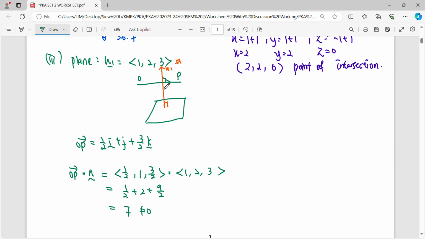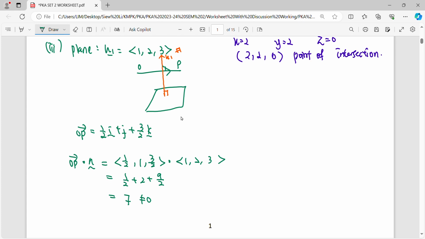They are not perpendicular with the normal. Indirectly, is OP parallel with this plane? They are not parallel. With this result, we conclude that OP is not perpendicular to the normal. Therefore, vector OP is not parallel to the plane.